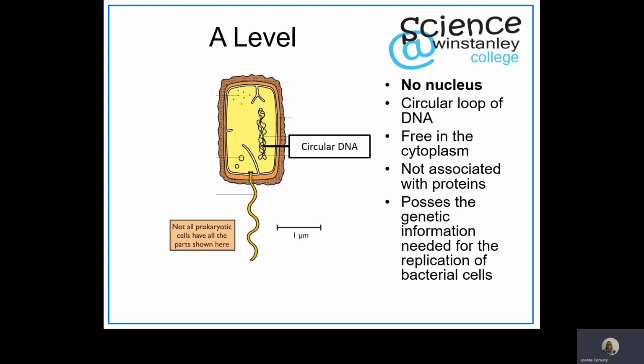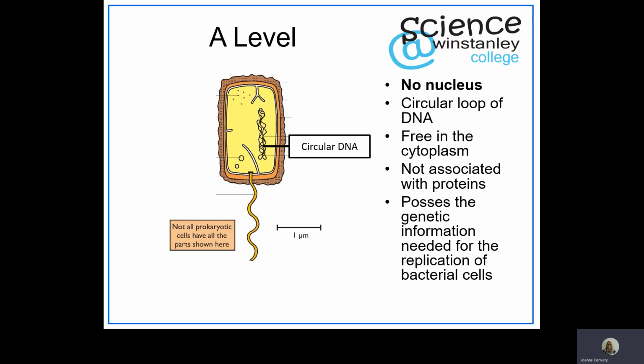It's circular, in a loop form, and it's found free in the cytoplasm. It is not associated with proteins, so it's not wrapped around histones or packing proteins. It is free, and again, in that circular form. It is not linear as you would expect to see in a eukaryotic cell.